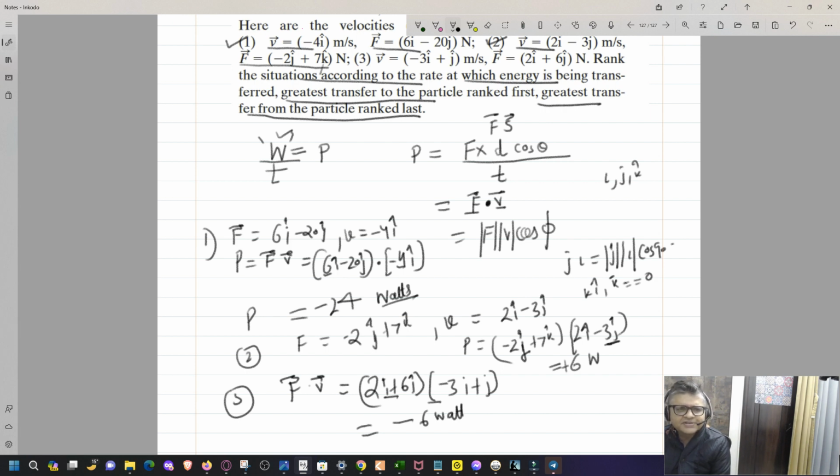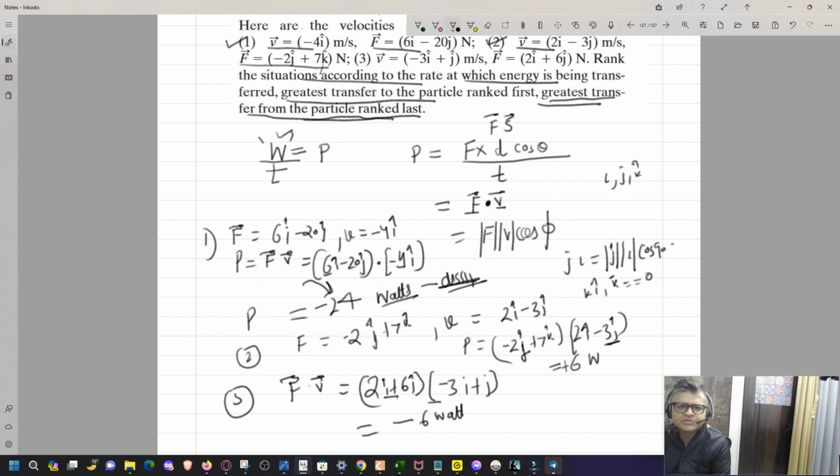The first answer is minus 24 watt. So a lot of energy is being dissipated, and you can see the greatest transfer from the particle. So this will be ranked last. This particle is losing energy like hell, it's losing 24 joules every second it moves. Maybe friction or some drag is making it lose energy.